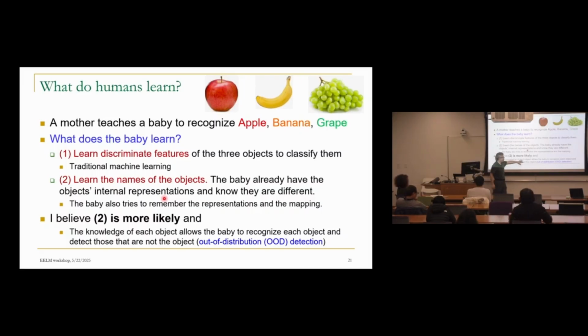The knowledge of each object allows the baby to recognize each object, and this is also out-of-distribution detection. If you give the baby an apple and say this banana is this apple, the baby will definitely say no, this is different. The baby doesn't need to learn an out-of-distribution model.